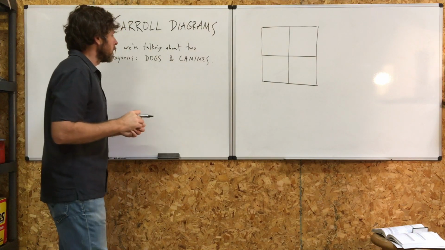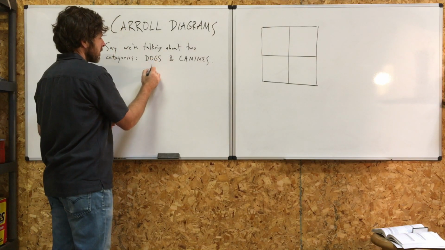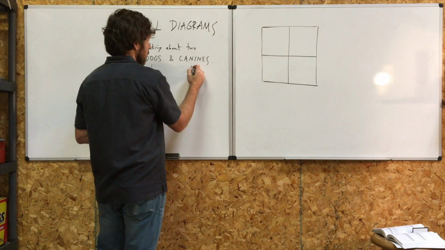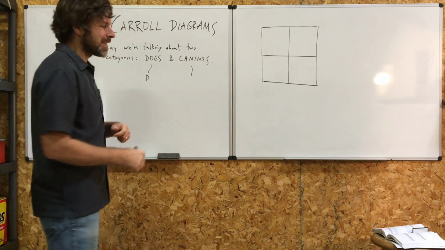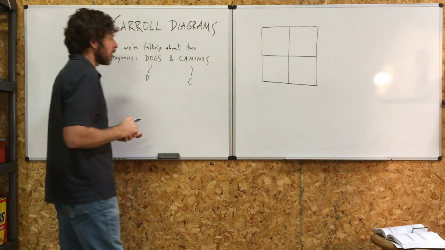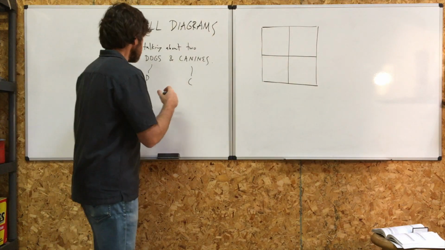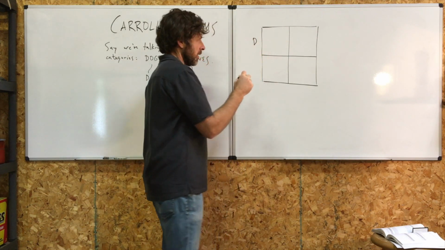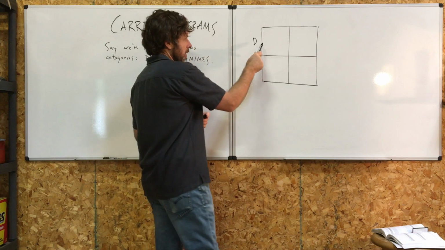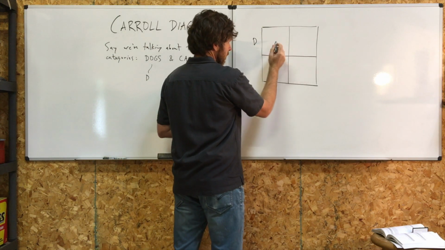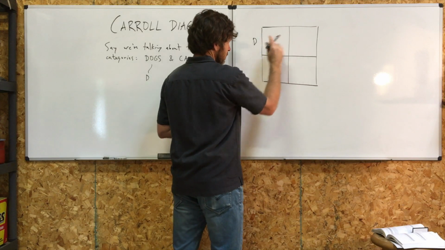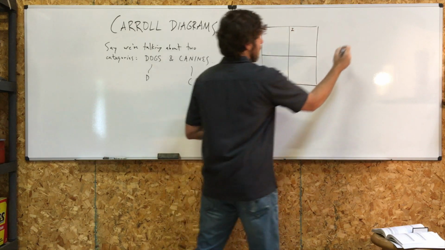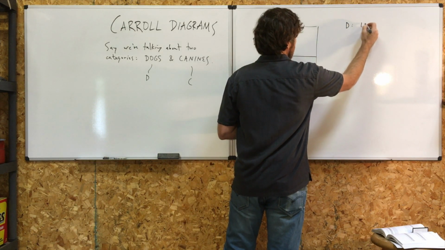Now let's call the set of dogs, or the category of dogs, D. And let's call the set of canines C, capital C. Let's represent all the dogs horizontally, by 2 regions. Dogs will be represented by regions 1 and 2.